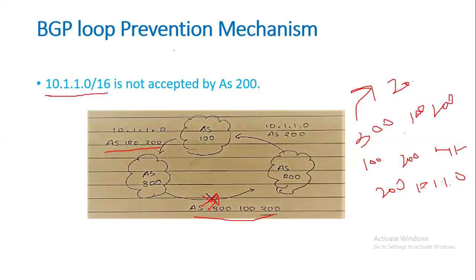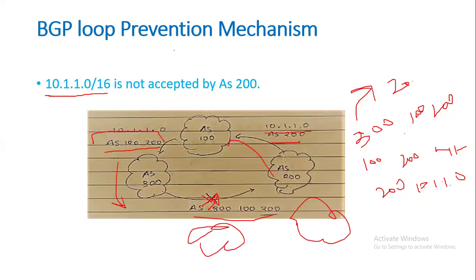So if you have a very complex, very huge network, then these loops are not possible. That is the background of this, and it is very easy to understand. It doesn't matter how many AS numbers, you can add multiple AS as well, but the loop prevention works like this: while transferring from one AS to another AS, one router to another, they will be using the router ID and the autonomous system numbers the information is coming through, and while exchanging it to the next one, they store this.